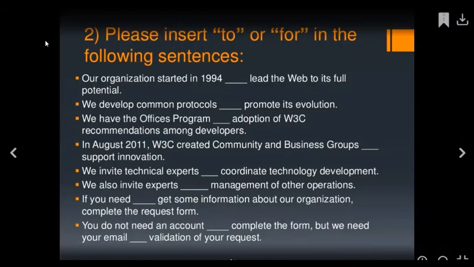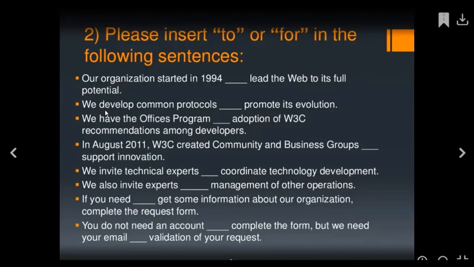Okay, in this case, our organization started in 1994. To or for? For lead. Lead is a verb. To lead, exactly.